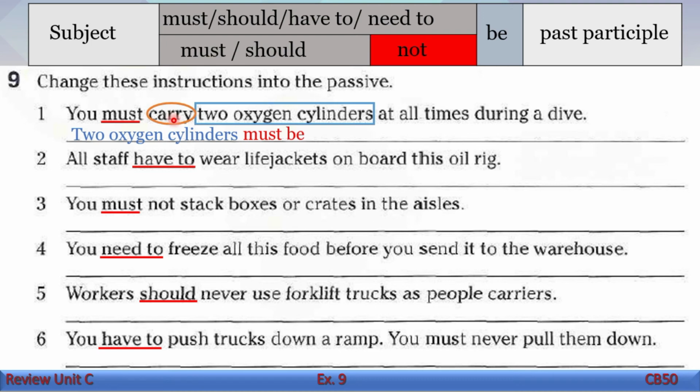And the past participle of carry is carried. Very good. And then we can complete the sentence. So we have 2 oxygen cylinders must be carried at all times during a dive. Very good. Now pause the video and complete the task.